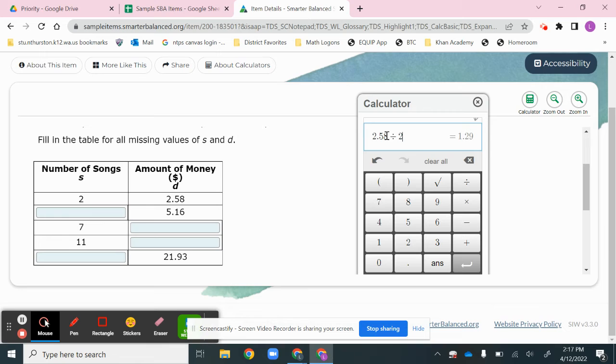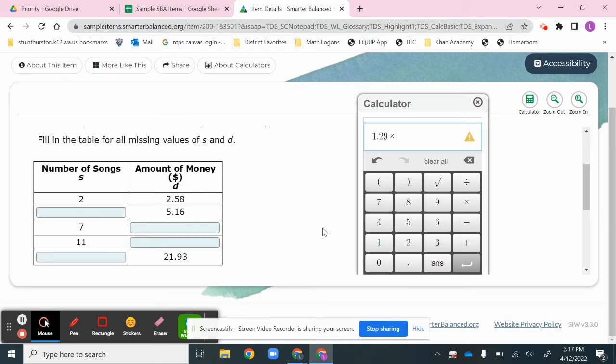Okay, so you know what? I'm going to cheat here a little bit, because we know what the unit rate is. So to find out the amount of money, I'm going to use the stuff that I know already. So I'm going to clear all, and we know that it's $1.29. $1.29 multiplied by 7, because we're going to figure this one out first.